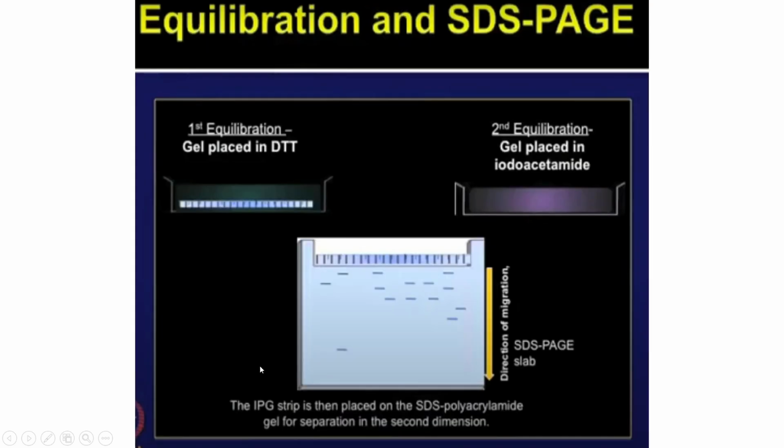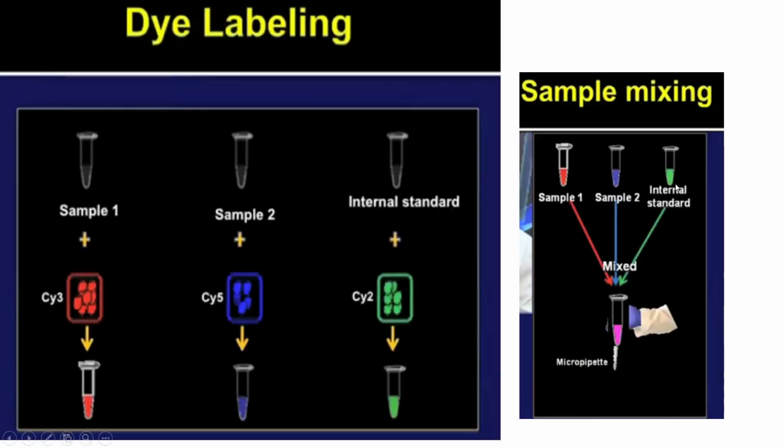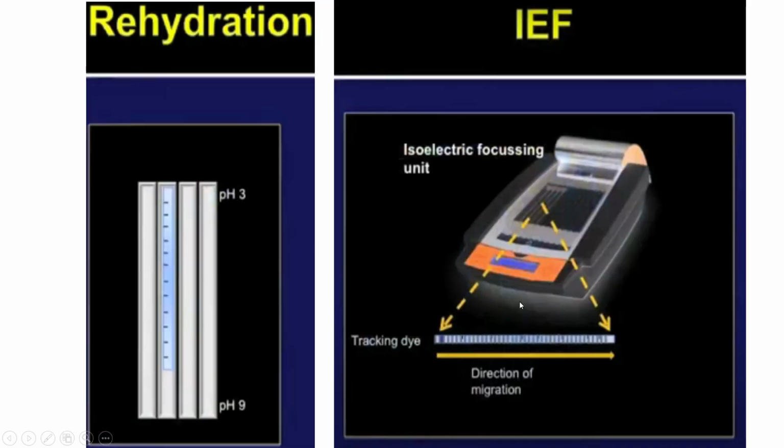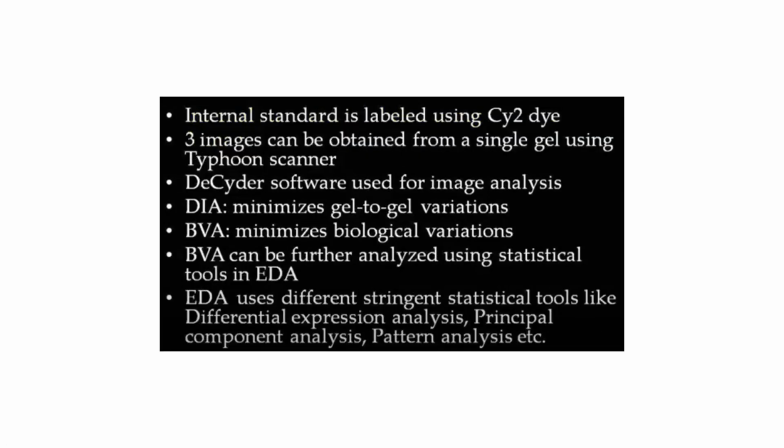So basically, with one gel itself, you can get three images because you have mixed these three samples which were having different dyes. After mixing, you have just loaded that specific sample, and while doing the analysis, you took three images from a single gel itself, and that image can be taken from a scanner called a Typhoon scanner.